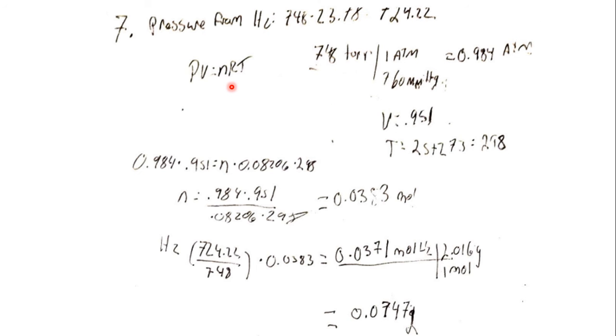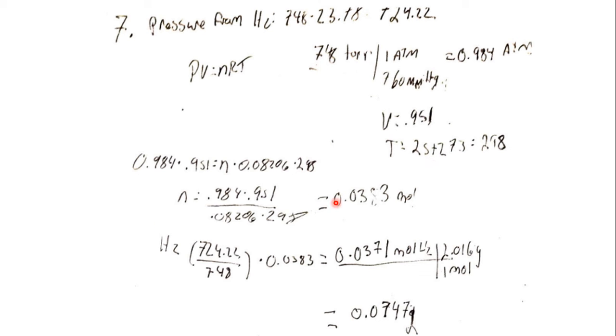But first we need to do PV equals nRT. We need to figure out how many moles of gas cause this pressure and that volume at our temperature as stated in our question. So P is 0.984, V is 0.951, and I'm getting the pressure by taking 748 torr and converting that to atmospheres by saying 760 torr in 1 atmosphere. We don't know n, we're solving for that. This is the gas constant, and temperature is 298, 25 plus 273.